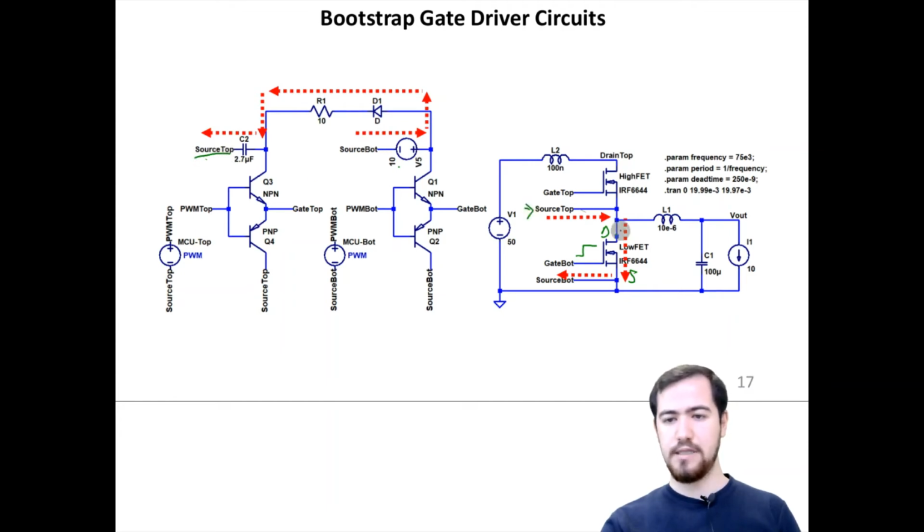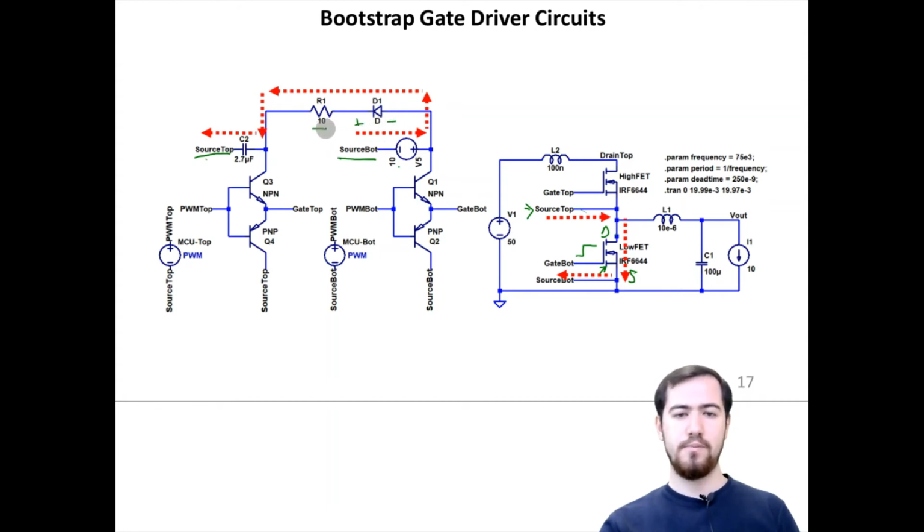The source top is connected to source bottom because this low side switch is turned on, and the source bottom is also available here. So we have constructed a current path. The diode is important because in the other cycle of switching, a negative voltage will be observed on this diode, and it has to withstand that voltage.